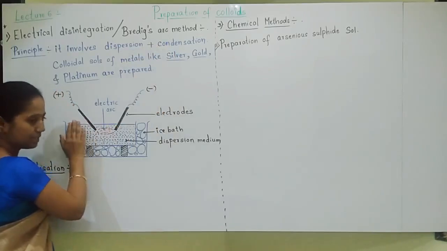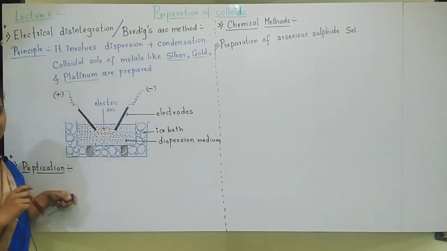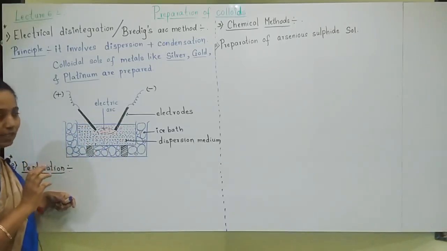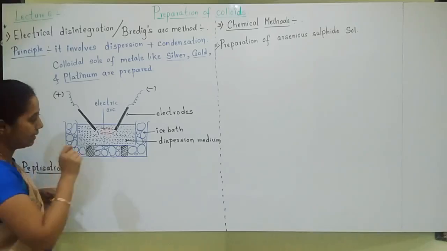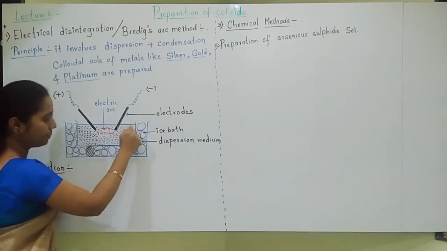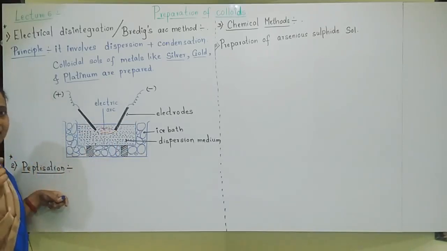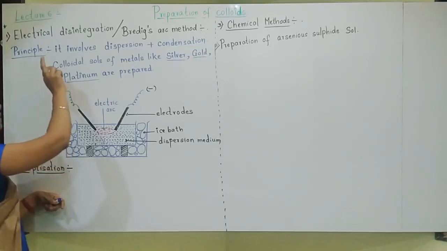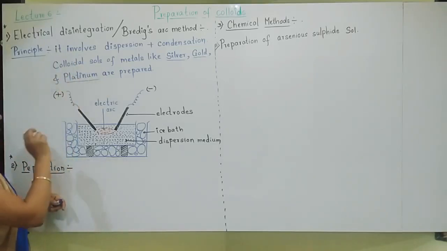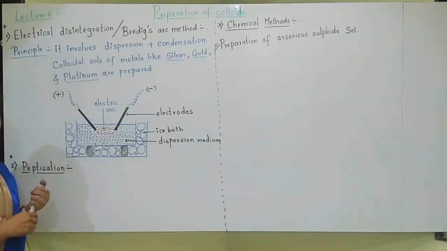First the vapors get dispersed everywhere and then the surrounding ice bath makes them condense. They get condensed and finally particles form, whose size belongs to the colloidal range. Like this, by Bredig's arc method, gold sol, silver sol or platinum colloids are prepared.